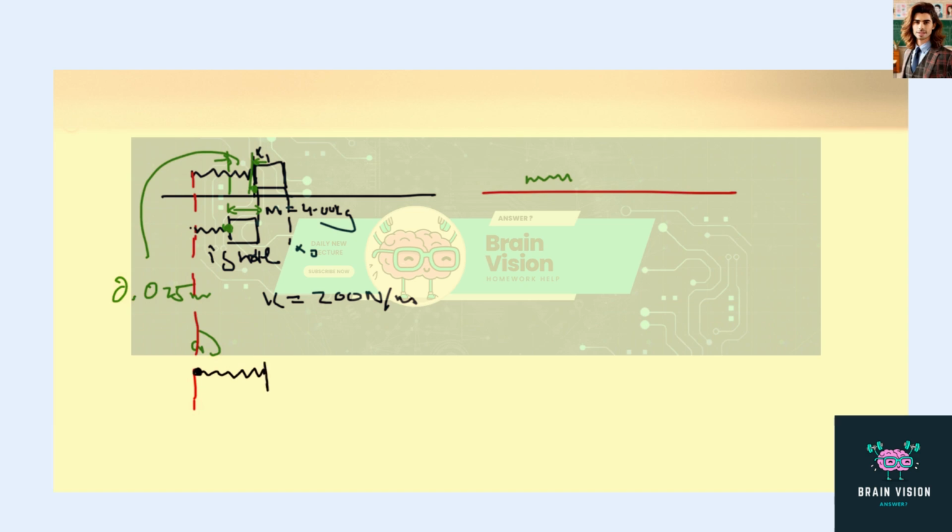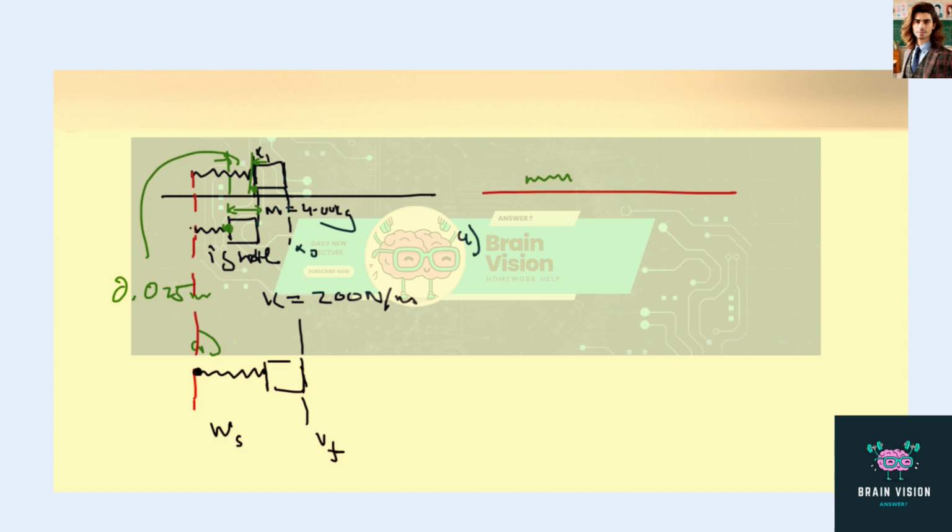It's going to push the block after it's released. So we want to find the energy involved during the motion of the block. That's the work done by the spring. And also we want to find the velocity, or the speed, of the block as it leaves the spring.